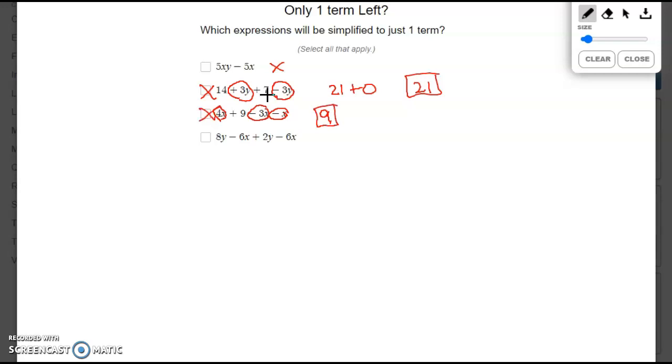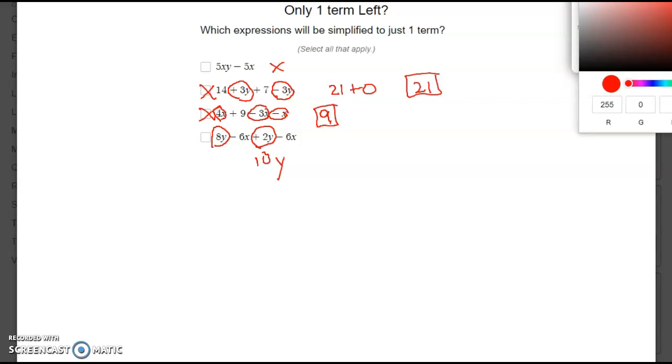What about this? 8y minus 6x plus 2y minus 6x. Okay, so I have the y's here. Let's deal with the y's first. 8y plus 2y. How many y's do I have? I have 10 y's altogether. Now the x's: I have negative 6x and another negative 6x.